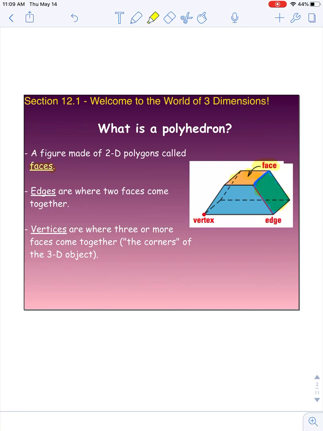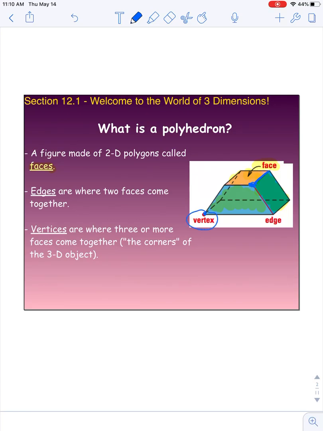So now if we take a look at the two faces I highlighted already and this one in front right here, now we have those three faces coming together and forming a vertex. So right here is a vertex. Okay, and we have one down here that's already marked right there.